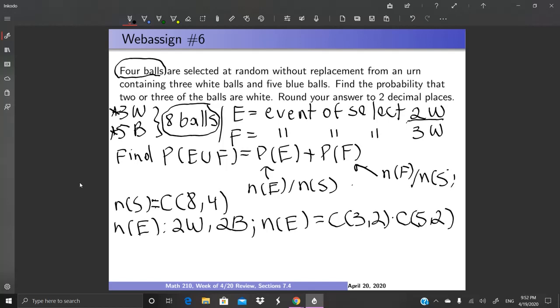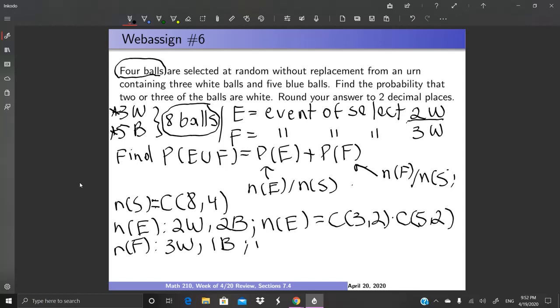And then we do the same thing for N of F. Remember, the event F is the event of selecting 3 white balls. We have to select a total of 4, meaning that one of them has to be blue this time.